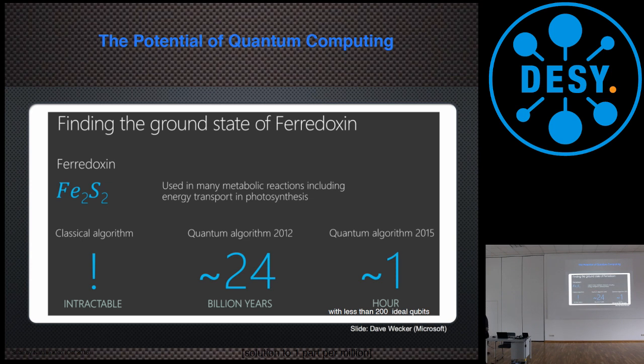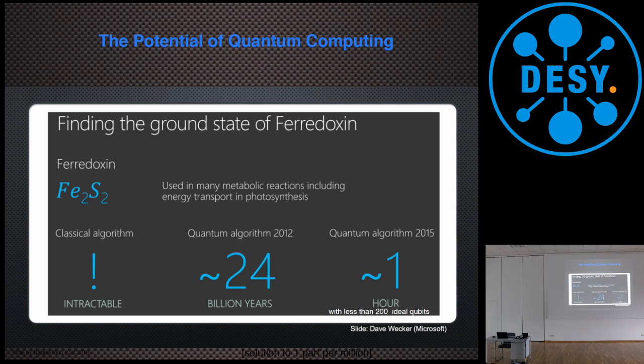It could be done, but it would take 24 billion years. So from my point of view, that's also intractable. However, it's a number that you can write down. Then after about 3 years of algorithm development and trying to understand how to improve the quantum circuits and so forth, it turns out you can actually perform this computation with less than 200 perfect qubits in about an hour.